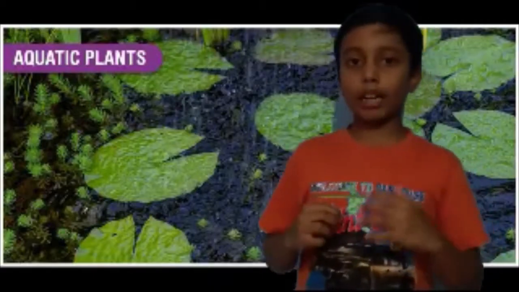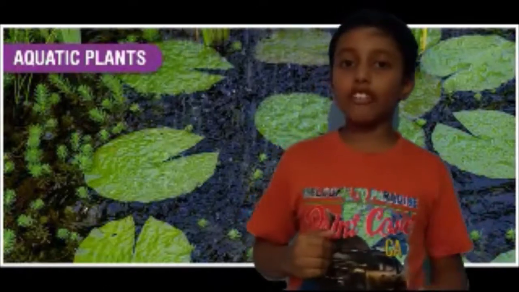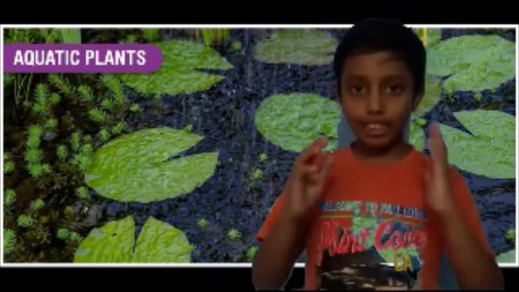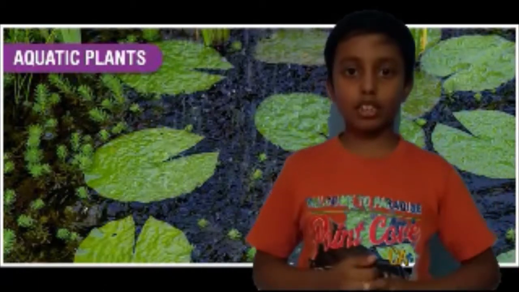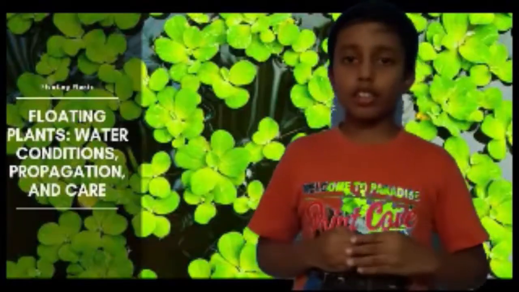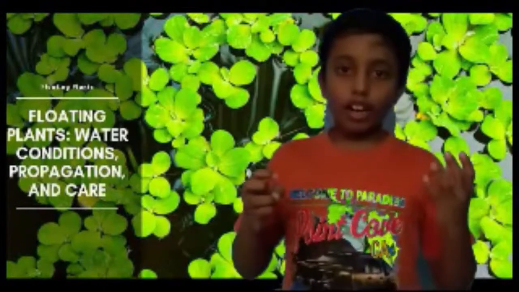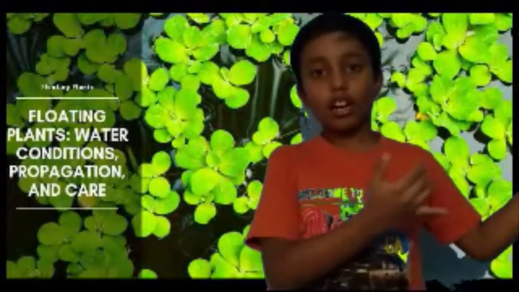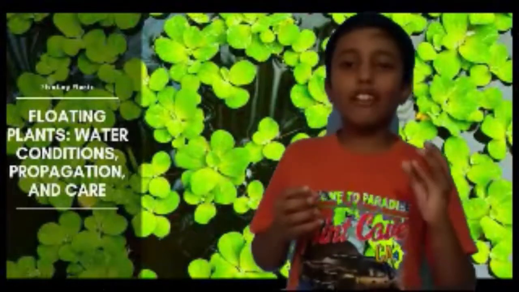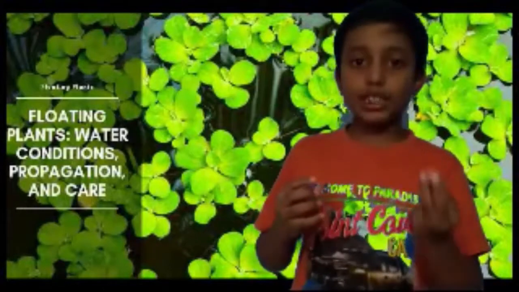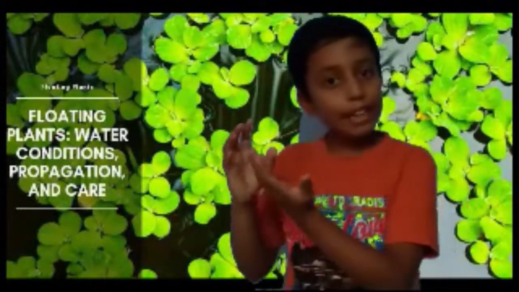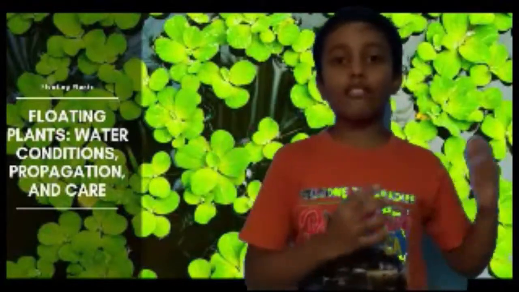Adaptation of aquatic plants. There are three types of aquatic plant adaptation: floating plants, fixed plants, and surface plants. Floating plants are the plants which can float on water, and their adaptation is that the plant is very thin with less weight, so it can easily float on water.